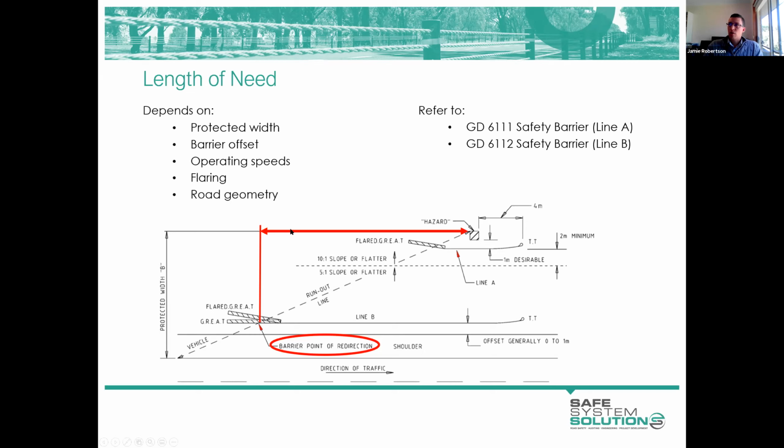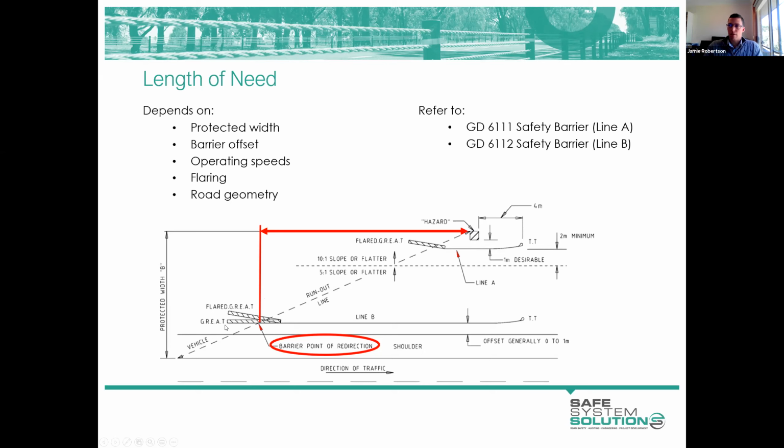So just to summarise, your length of need is that distance required to shield this hazard from the errant vehicle. It's measured between the barrier's point of redirection, which is here, and the first part of that hazard. You'll recall that not the entire length of our barrier or our terminal is effective in redirecting an errant vehicle.